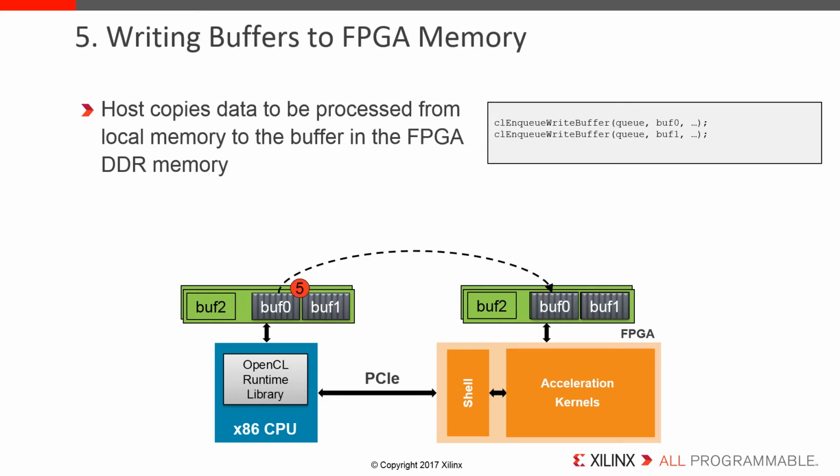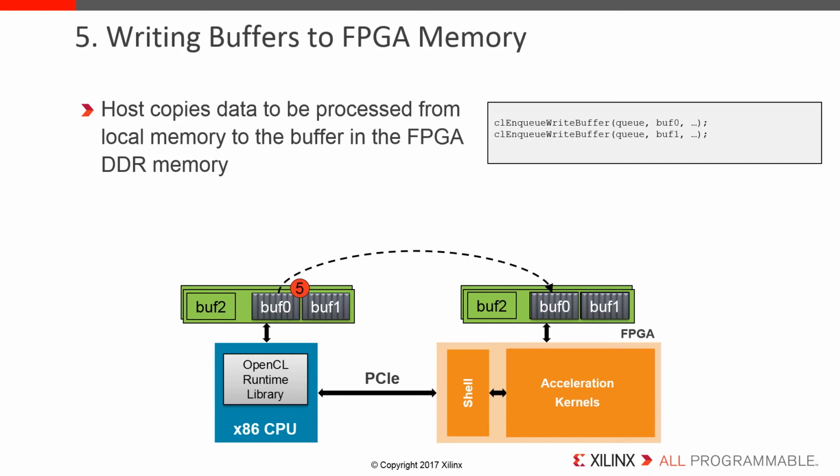The clEnqueueWriteBuffer API is then used to copy data to the device. Note that the naming convention is that this is an enqueue operation for the host and that the operation is to write a buffer from the host to the device. If the kernel has multiple data inputs, multiple clEnqueueWriteBuffer API function calls are used.